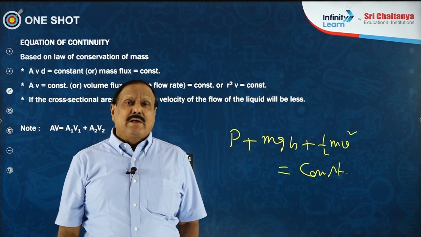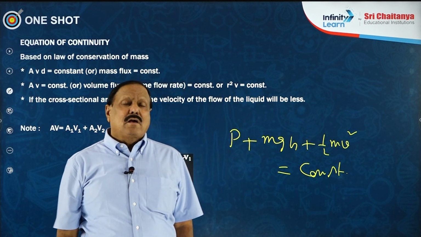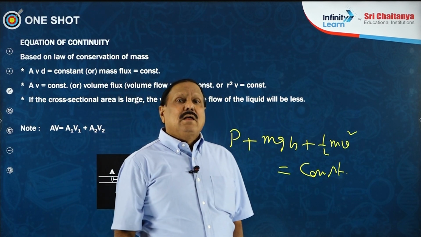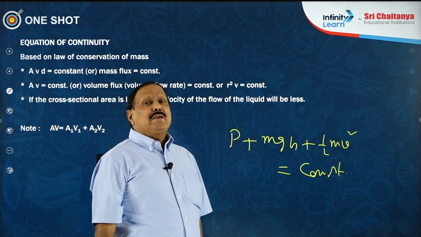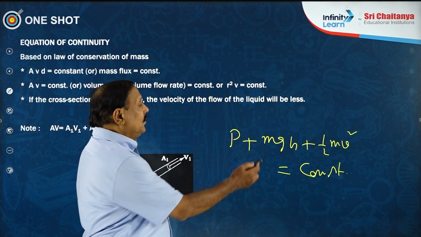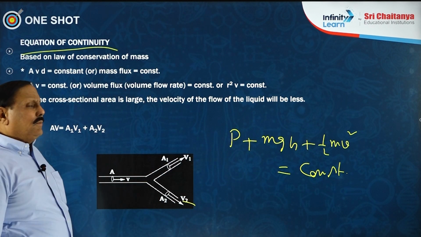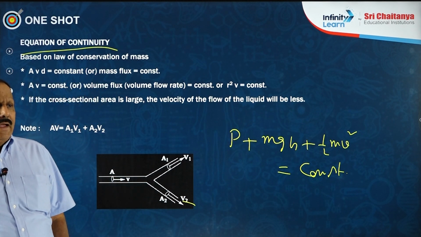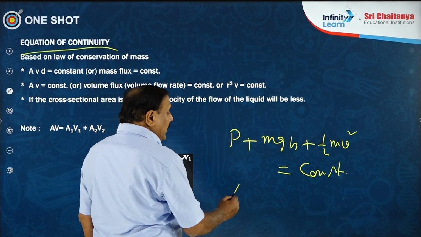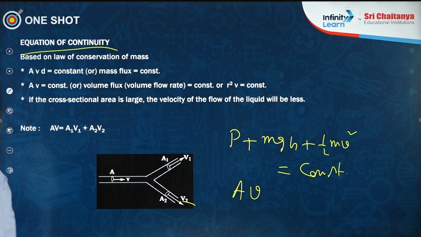To explain various numericals and conditions in the application of Bernoulli's theorem, we go for the equation of continuity before this. What is the equation of continuity? If a liquid is flowing through a pipe, then the product AV is called volume flux.